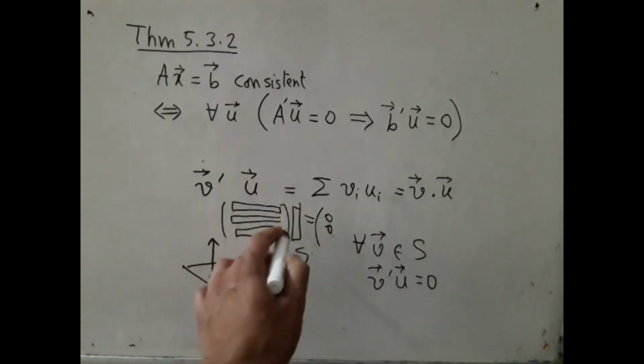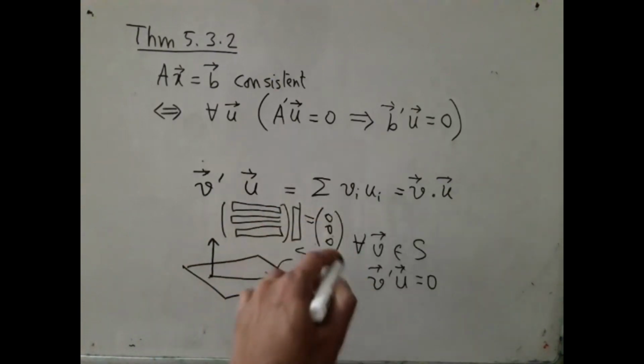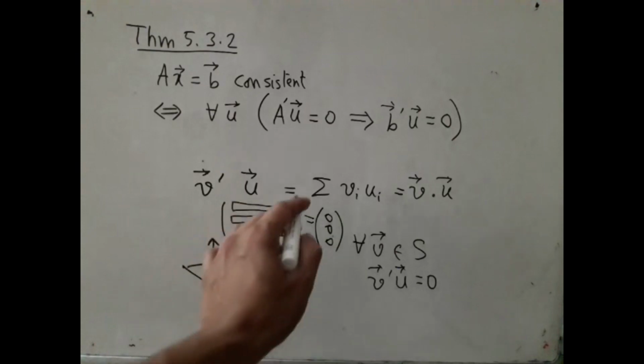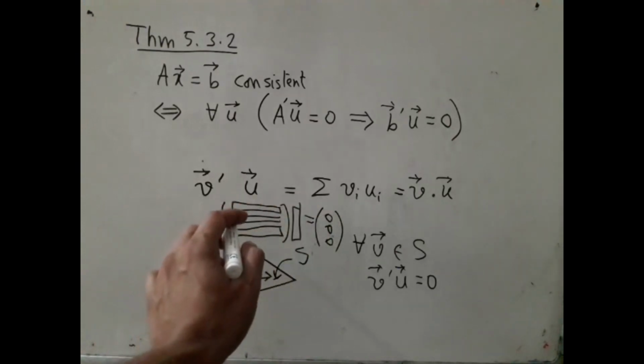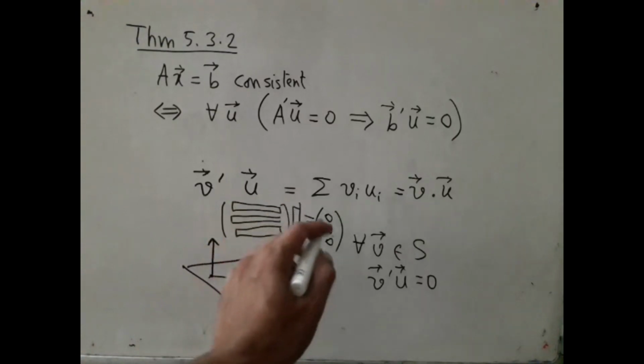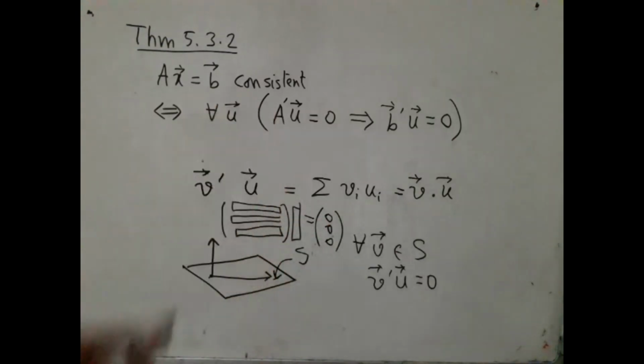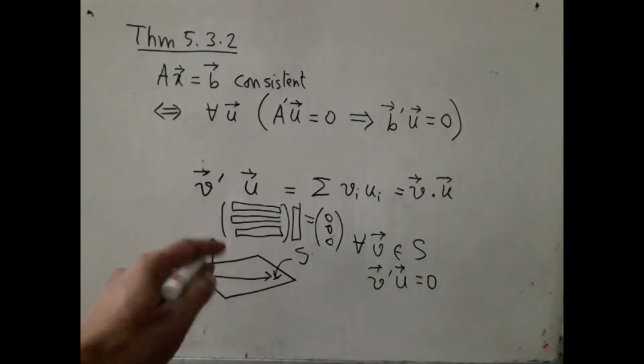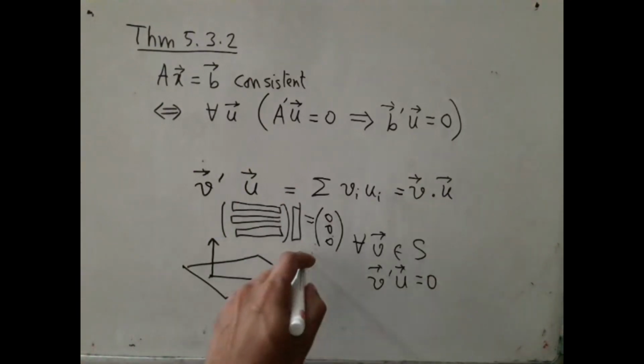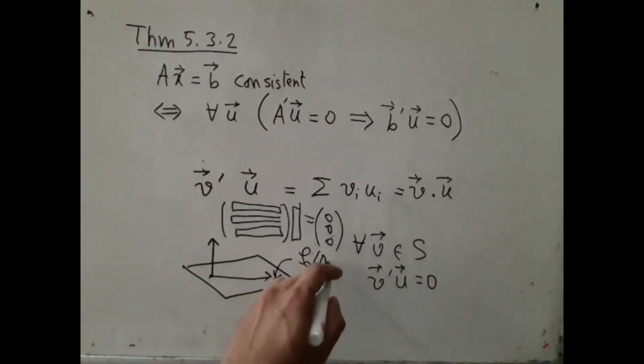So, the dot product of the first column of A with U is 0. The dot product of the second column of A with U is 0, and so on. That is, U is perpendicular or orthogonal to all the columns of A, which means U must be something which is orthogonal to the column space of A.